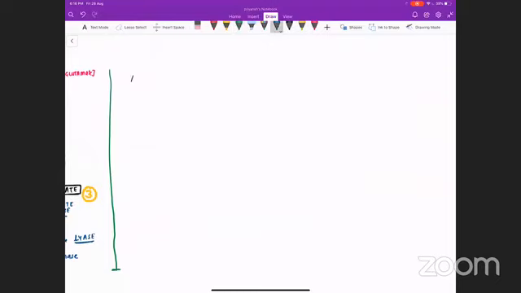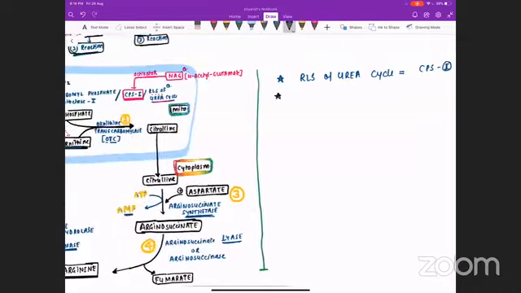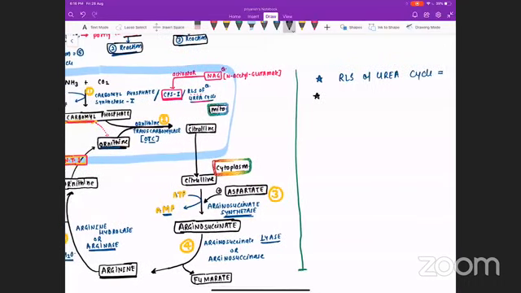The first point they can ask is the rate limiting step of the urea cycle. The rate limiting step of the urea cycle is CPS1. We have written it in the pathway as well. I have highlighted 5 reactions, 1, 2, 3, 4, 5, in yellow color.